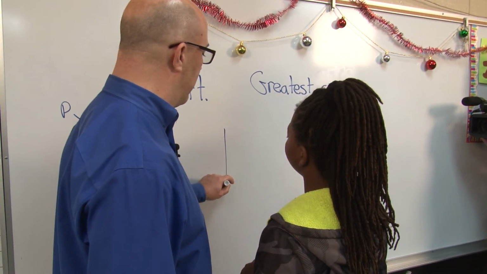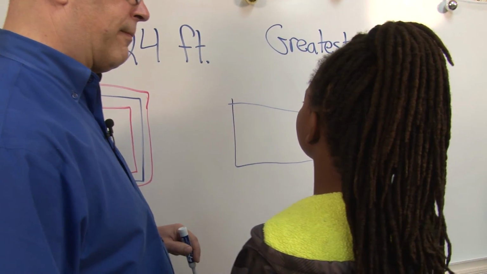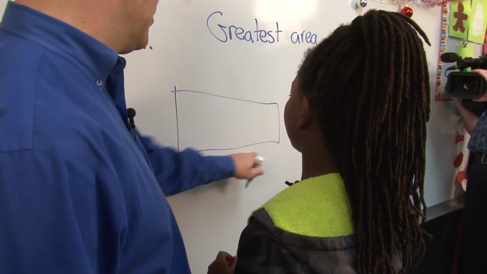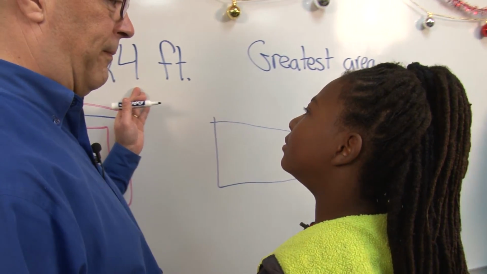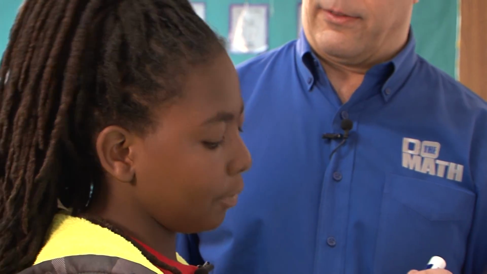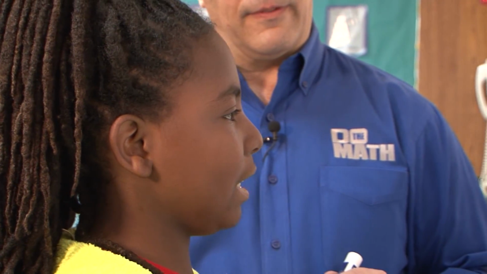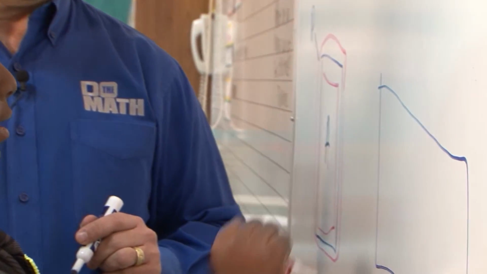Would you like to start off with a rectangle like this? Mm-hmm. If we had something like that, obviously this is going to be a lot longer than that, right? Yep. And if we have 24 feet, how do you think we can label these? Because obviously these two are going to be the same and these two are going to be the same. Well, the first step of labeling is to figure out how long this is.